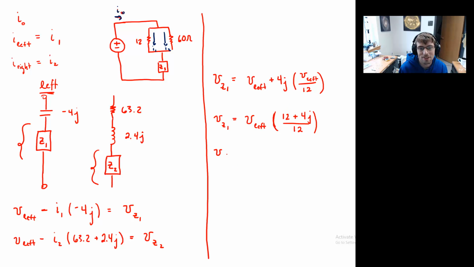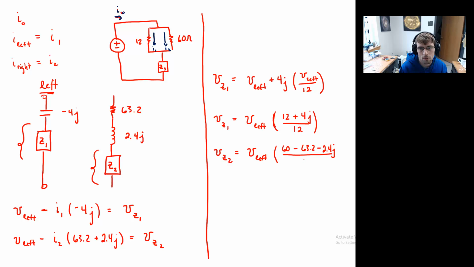So you can imagine Z2 will just be the potential drop across the branch, what I called V left. And here it will be 60. Now I have a minus, so I got to be careful there. Minus 63.2 minus 22.4J.